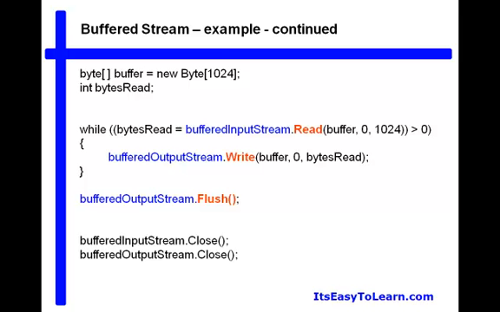Internally the data is buffered into the internal memory, minimizing the number of interrupts to the OS. And remember, when we're done with the program, we need to do a flush. And finally, we close the buffered input stream and the buffered output stream.